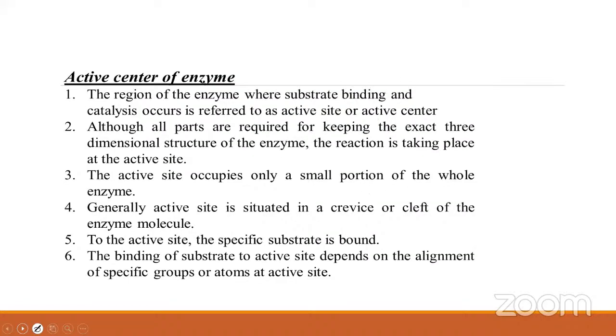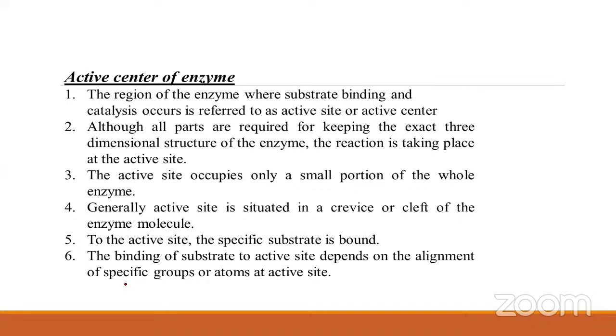Now, we have completed the classification of enzymes. So we are coming to some details about enzymes. What do you mean by an active center of an enzyme? We will be hearing about this active center in later classes. An enzyme consists of a particular region where the substrate goes and binds, or where the actual reaction takes place.